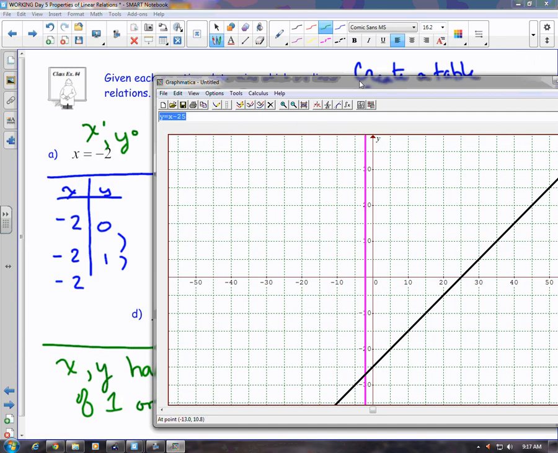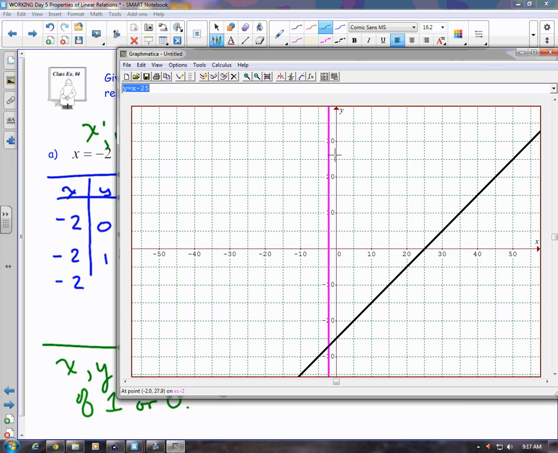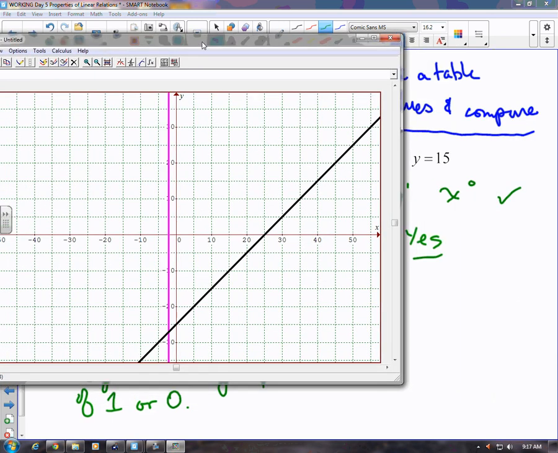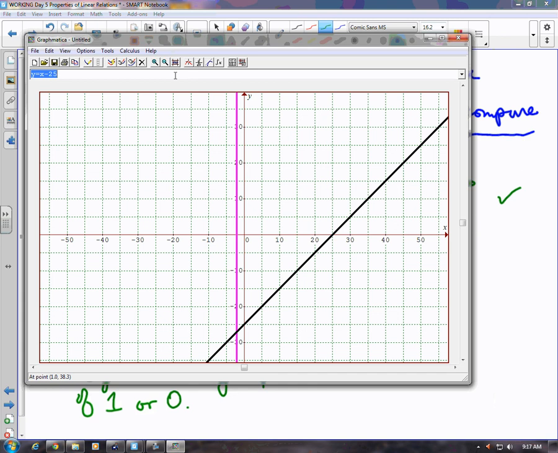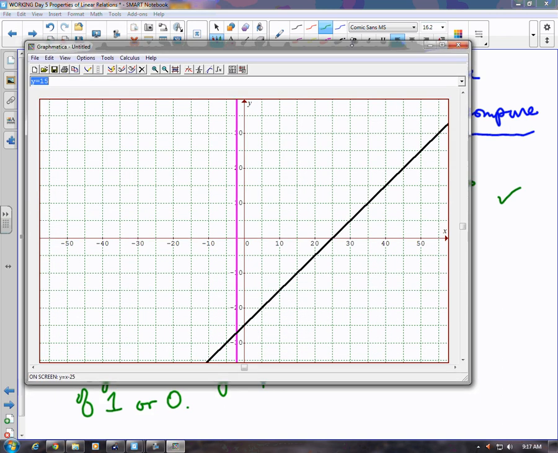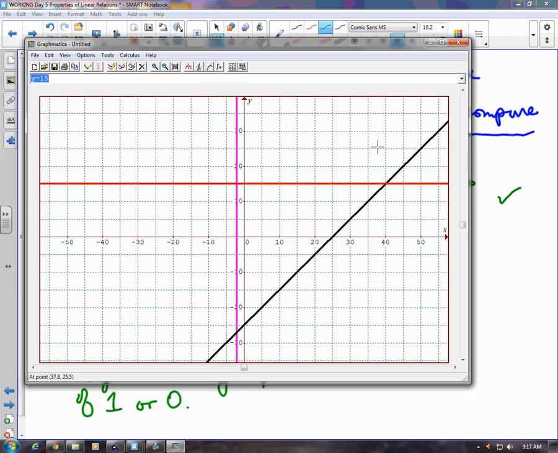The equation where you had just x gives you a vertical line. So take a guess at what the equation y equals 15 is going to look like. The equation y equals 15 is just a horizontal line.